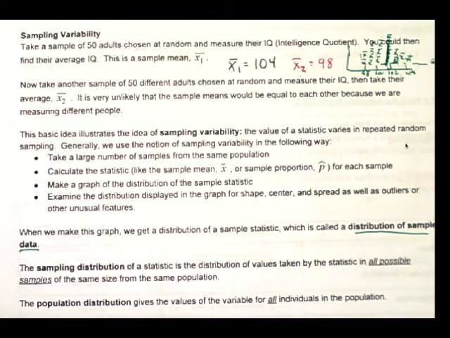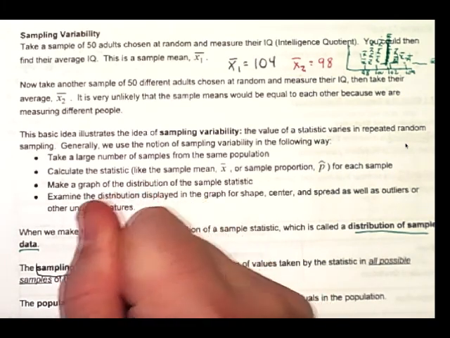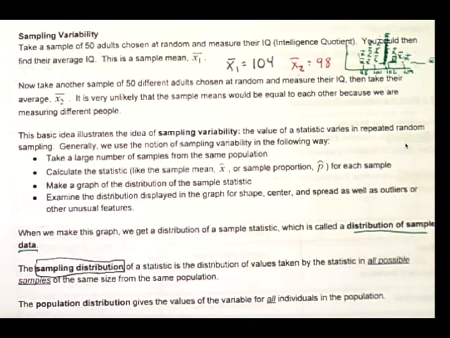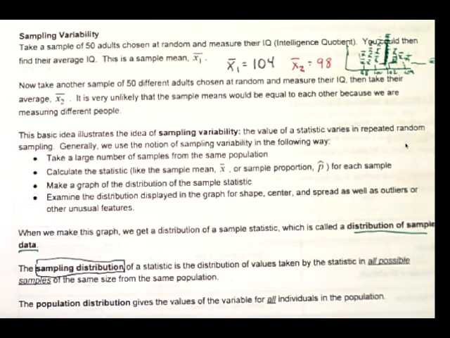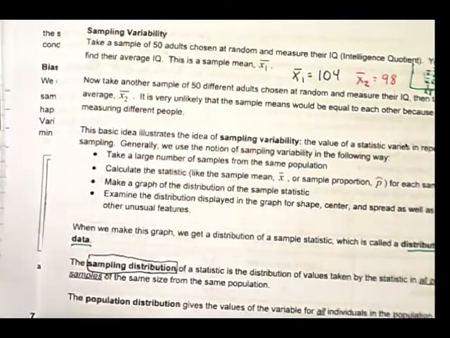Now that's a little bit different from what's called a sampling distribution. It says the sampling distribution of a statistic is the distribution of values taken by the statistic in all possible samples of the same size from the same population. So let me try to clarify that a little bit.